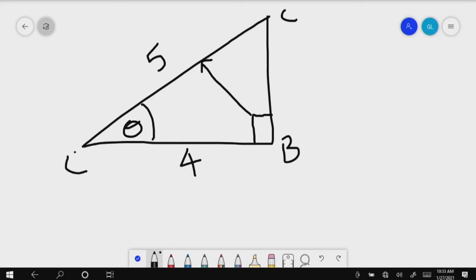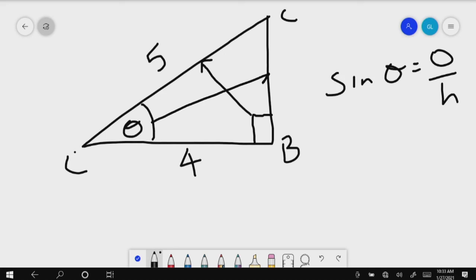Sine C, or the sine ratio of a right angle triangle, is opposite upon hypotenuse. If we look at this triangle here, the opposite side in this right angle triangle is unknown. But we were given the two other sides of the right angle triangle.